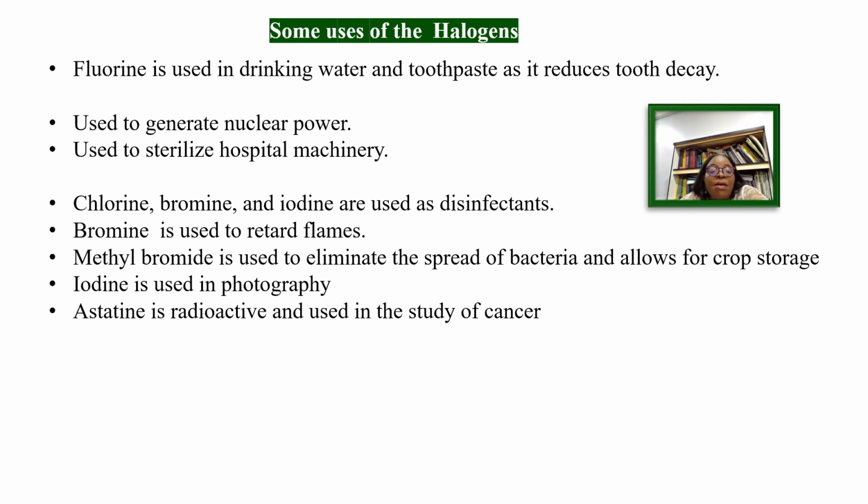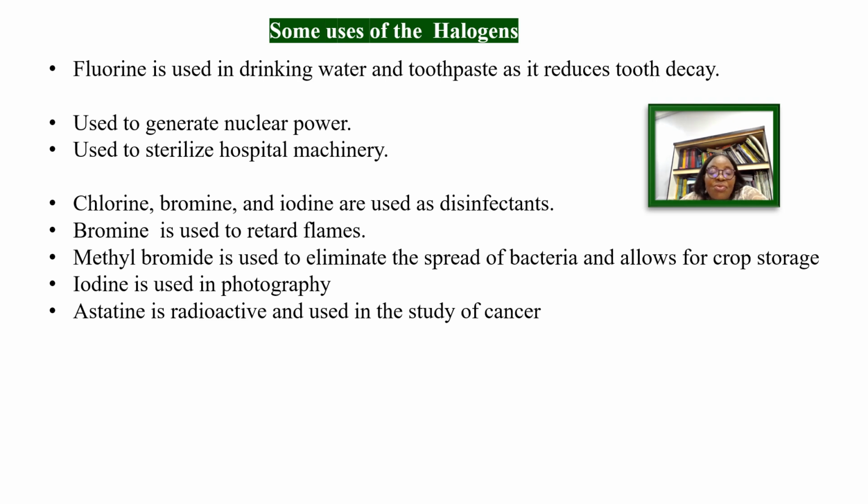The halogens chlorine, bromine, and iodine are often used as disinfectants. Bromine has fire-resistant properties, so it is used to retard flames like in a fire extinguisher. It is used to treat pneumonia. Methyl bromide is a pesticide that is used to eliminate the spread of bacteria and allows for crop storage.